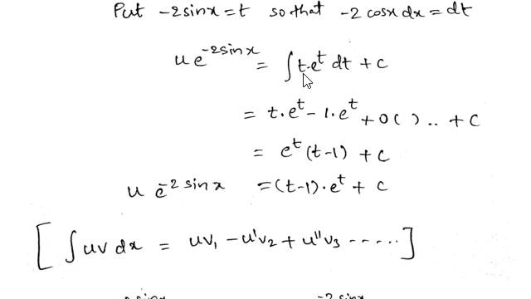When you assume t as u and e power t as v, then by following this formula, first we write u, meaning t, and v1, meaning the integration of e to the power of t dt, is e to the power of t only, and minus is there, so we write minus here. u dash means differentiation of t, which gives 1, and v2 means double integration of e power t, which is e power t only, and plus is plus. u double dash means differentiation of constant 1, which is 0, and after that also we get 0.